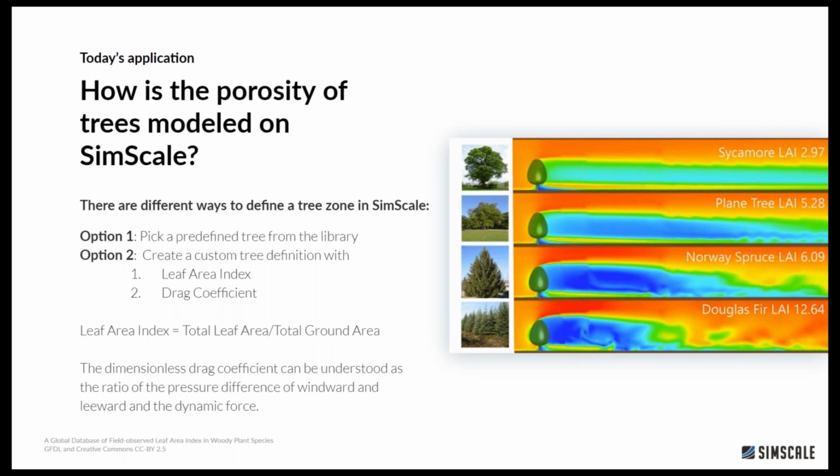So you will see that we have a set, like I think 5 or 6 different types of trees predefined. But of course, you can create a custom tree with your own data and inputting the leaf area index and also the drag coefficient, which is defined by the ratio between the pressure difference to the dynamic force on the tree itself.